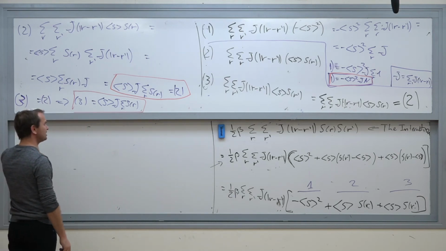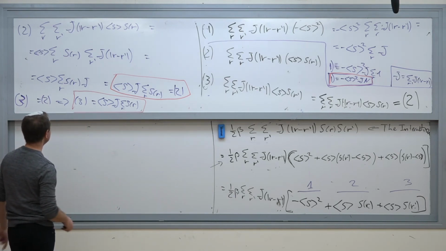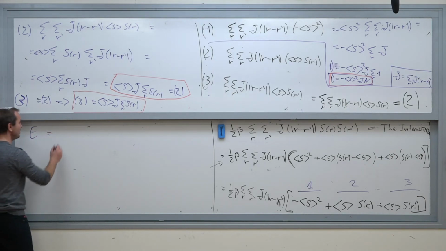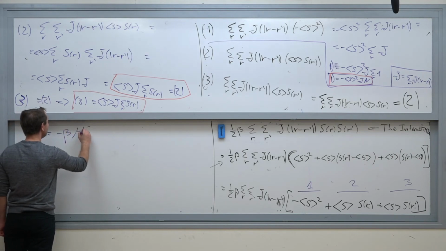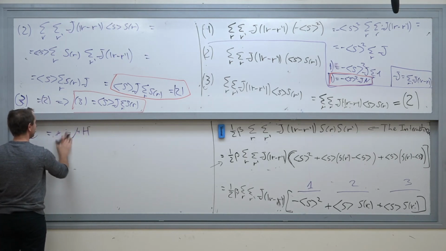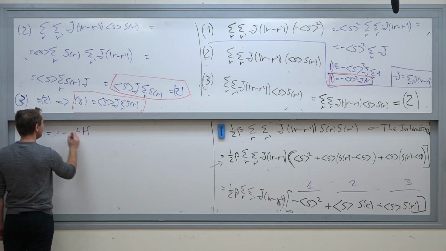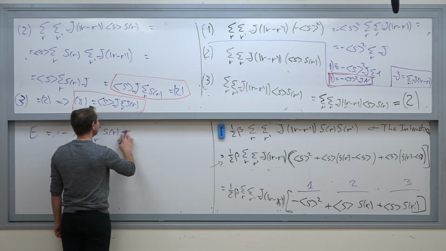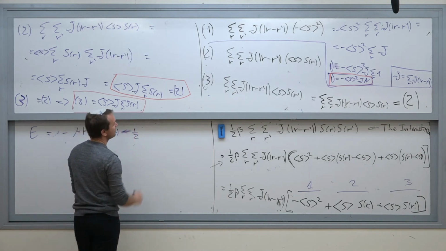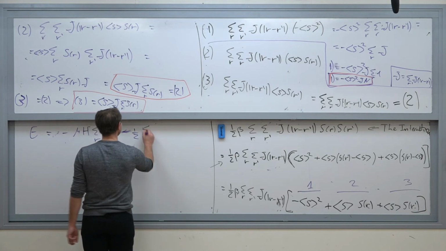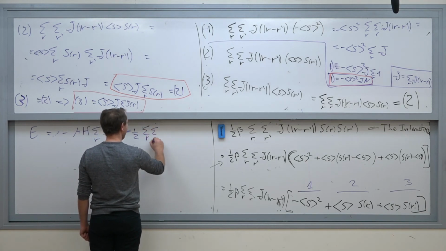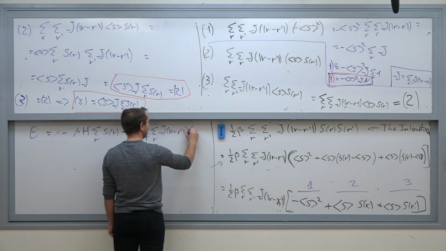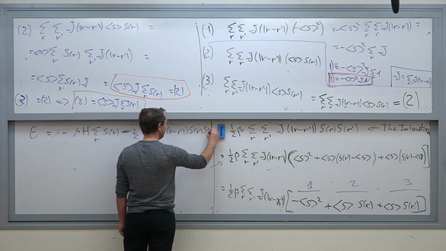Okay, now we're in a position to actually do something, because what is E? E equals minus mu h sum of r s of r, minus 1/2 sum of r prime, j r minus r prime s of r prime.